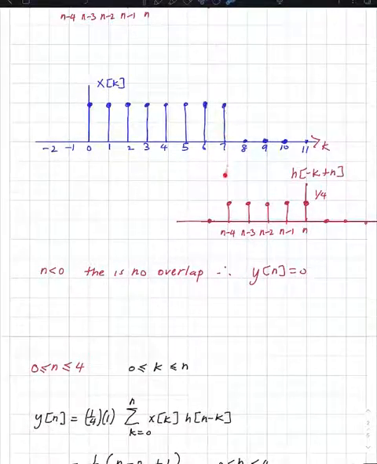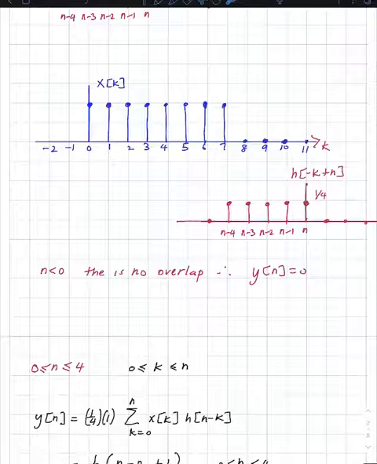For the last overlapping signals, k is 7 at maximum. The least value k can have is n minus 4.